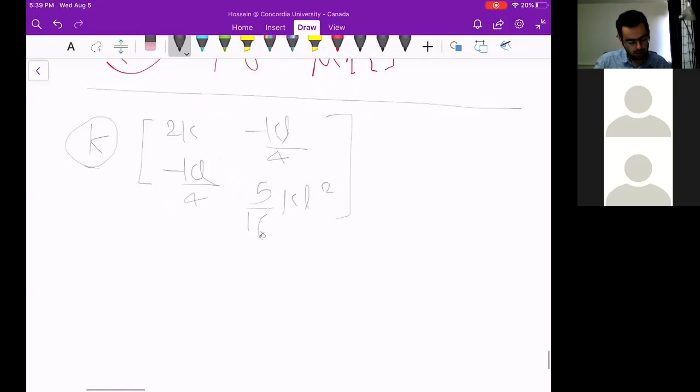So you could calculate the diagonalized stiffness. Let's call it K hat.